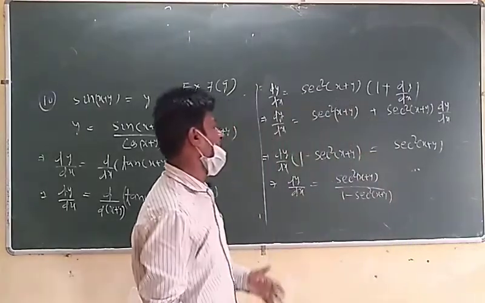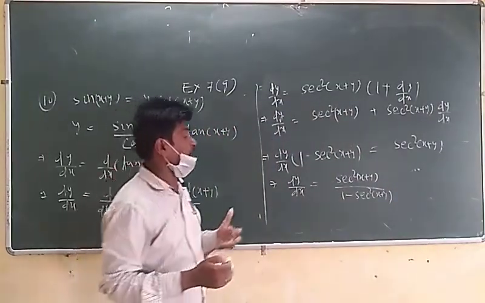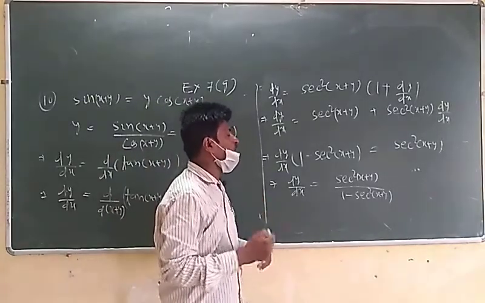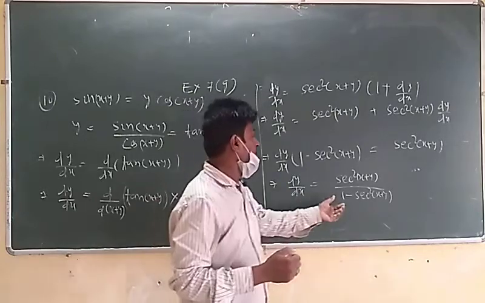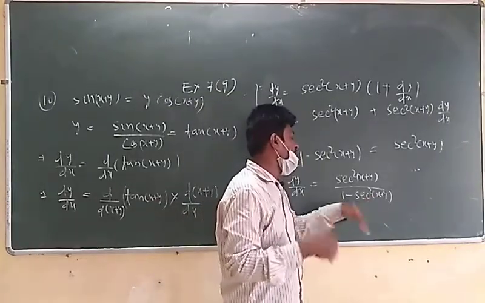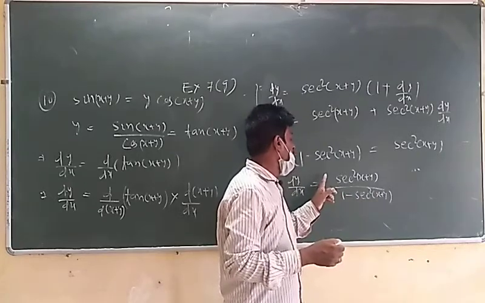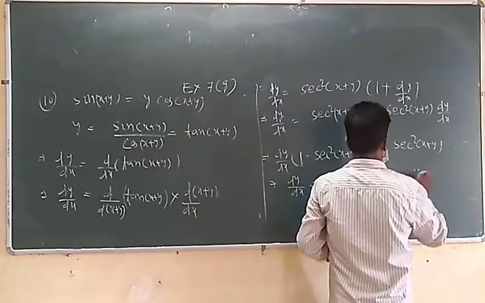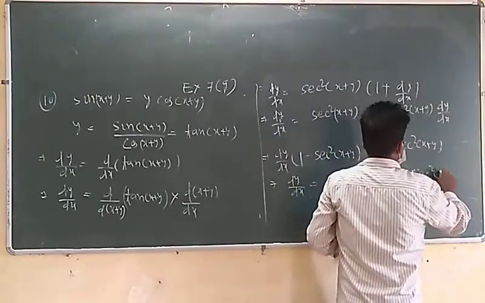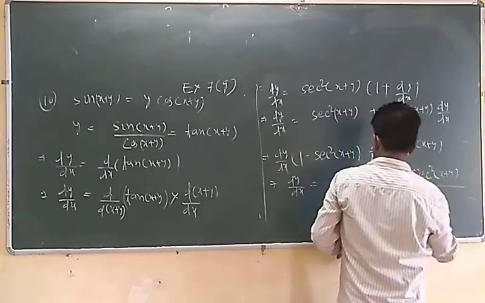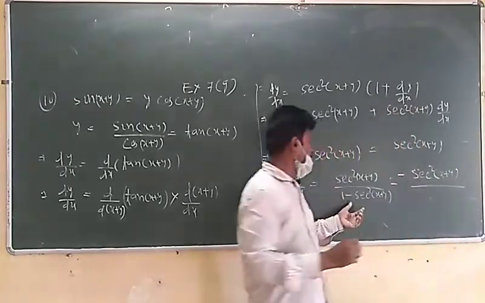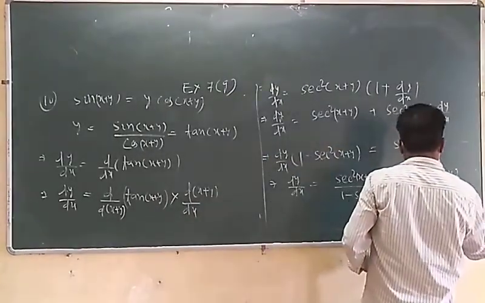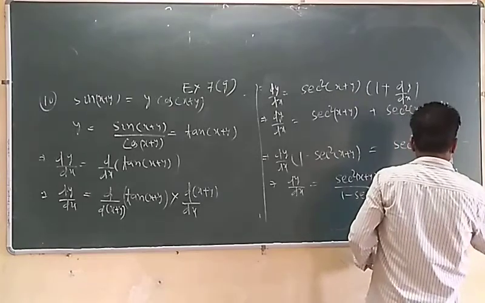We know a very simple identity from before: sec² theta - 1 = tan² theta. But in this case it is 1 - sec² theta, so the sign changes. Multiplying by minus in both numerator and denominator, we get -sec²(x + y) divided by sec²(x + y) - 1.